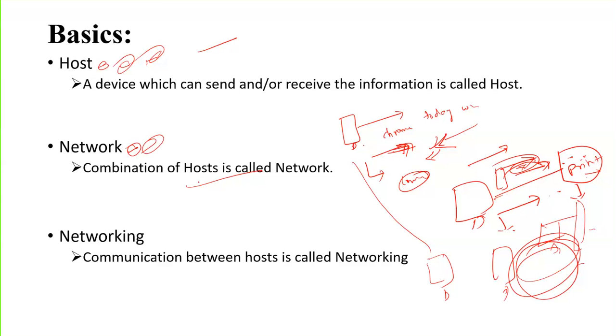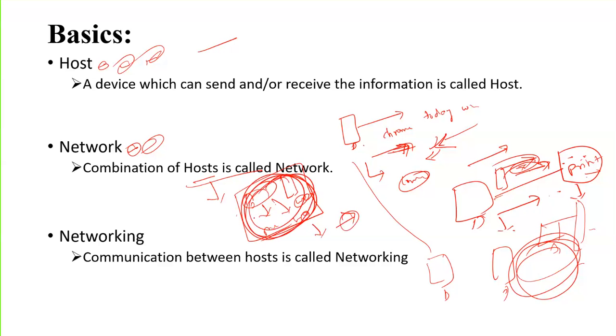Multiple devices in the sense of hosts which can send or receive information. Suppose you have an organization with computers, a number of users who want to access the printer, a file server, and a scanner. Whatever device is in the organization has the capability of sending and receiving information and they're connected together. So this combination is called a network.